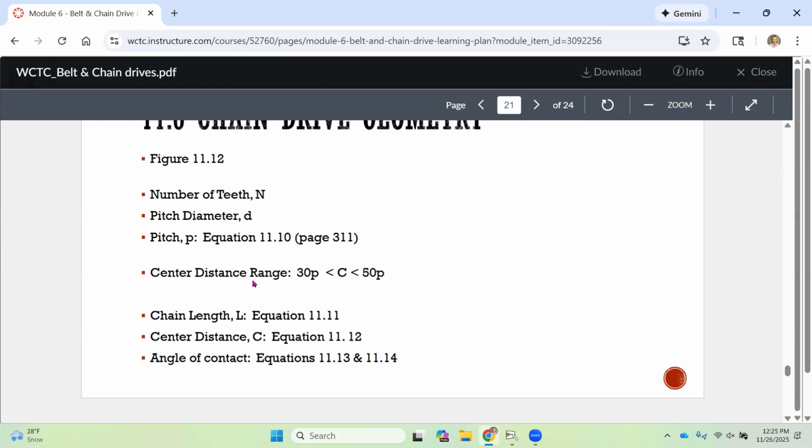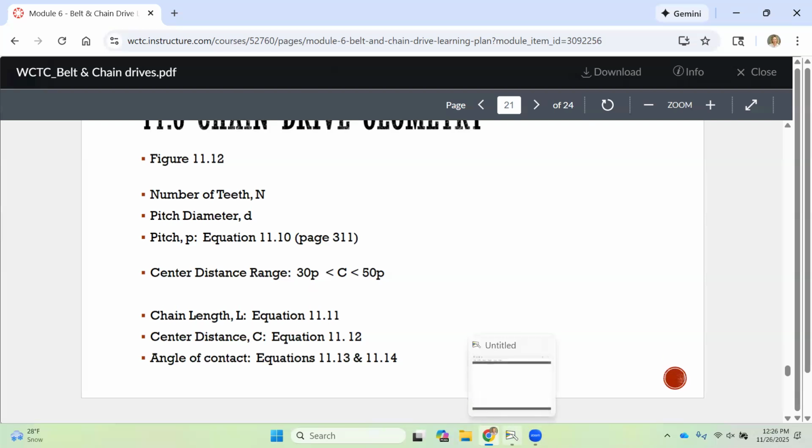Then if we look at center distance, the range is going to be 30 times the pitch. Okay, so when we calculate the pitch, we are then going to multiply it by 30, and that's going to be the smallest center distance that we can have. We're going to multiply it by 50 to get the largest center distance that we can have. And so your center distance is going to be between those two.